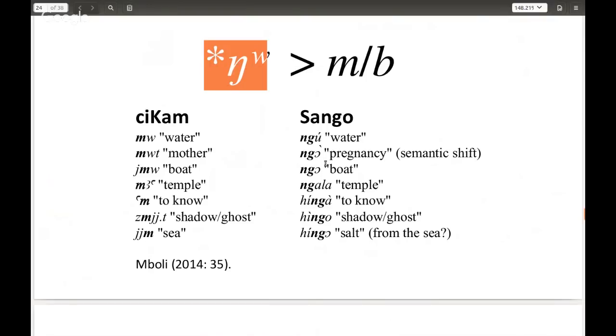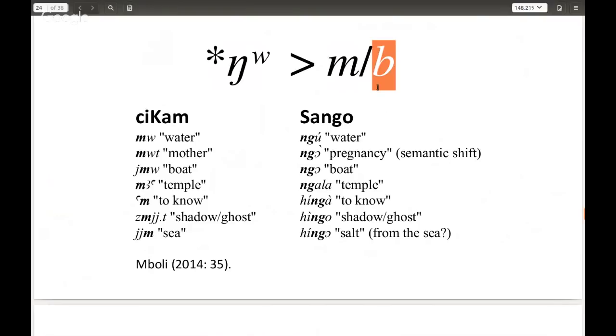And this ngu became G in this language, and then it was subsequently nasalized. But in Egyptian, it became M. And in Egyptian, M and B interchange and correspond internally when we do an internal analysis throughout the diachronic history of Egyptian. So this one sound from the mother tongue became this sound in Sango and this sound in Egyptian.